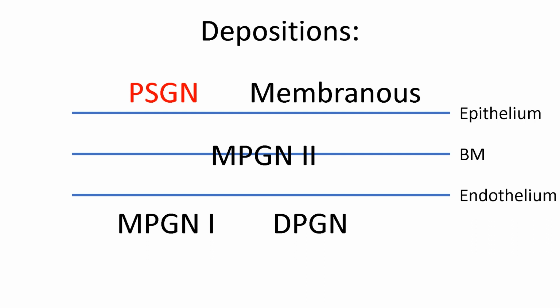MPGN type 2 is the only one with intramembranous depositions, okay? And finally, the PSGN and membranous nephropathy are subepithelial. Okay, so again, PGN, MPGN, DPGN are subendothelial. MPGN type 2, basement membrane, PSGN and membranous nephropathy, subepithelial.